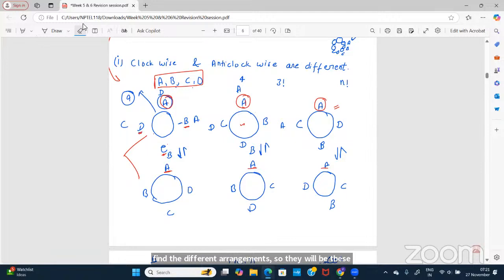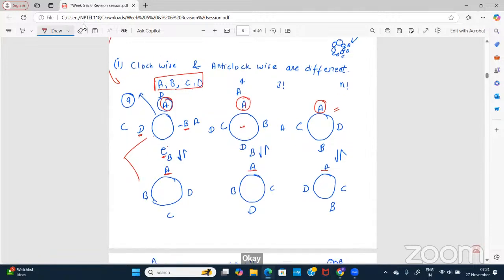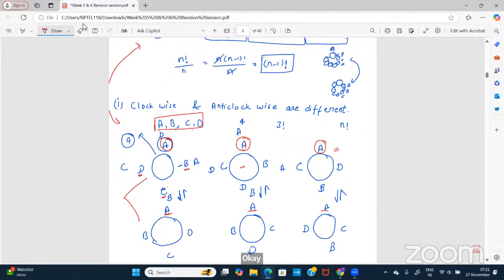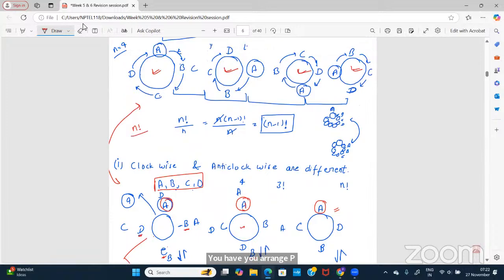So that's why, if you arrange n objects, it is n factorial ways, right? And these four are same, so we divide by 4. Here it was 4, so 4 factorial divided by 4.